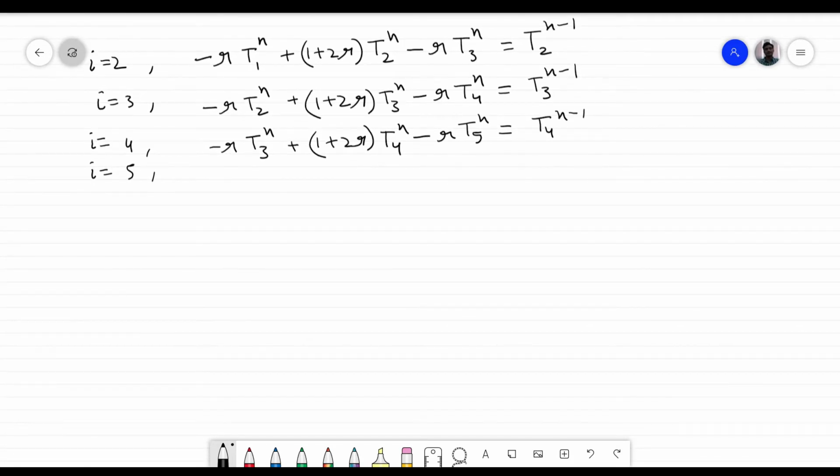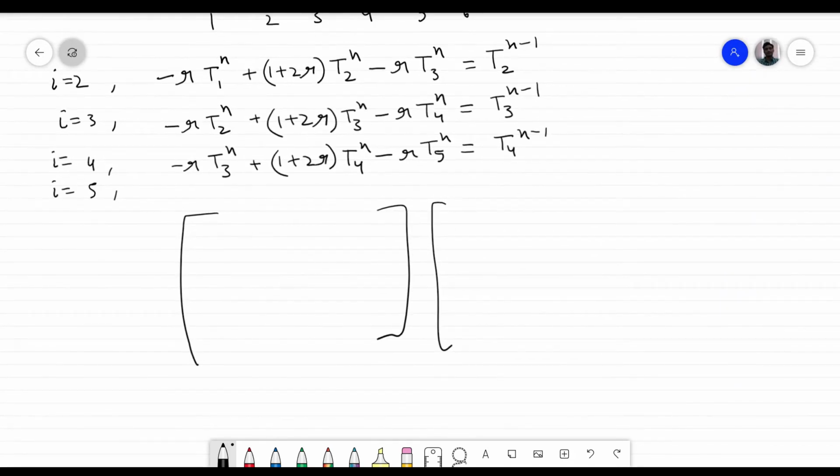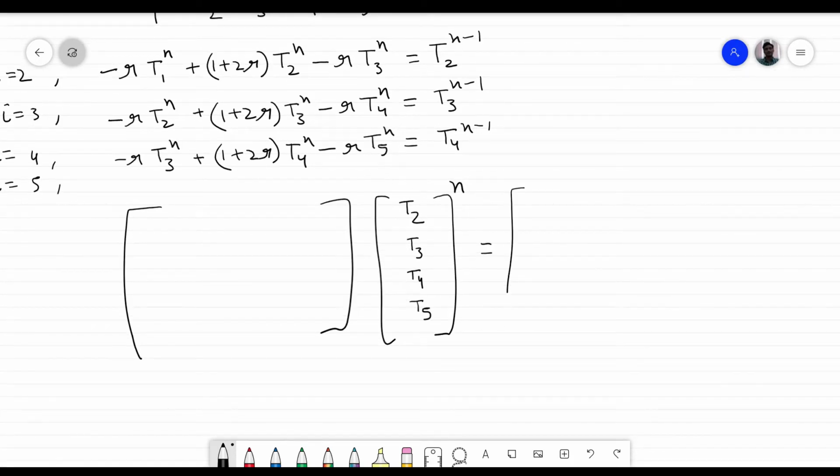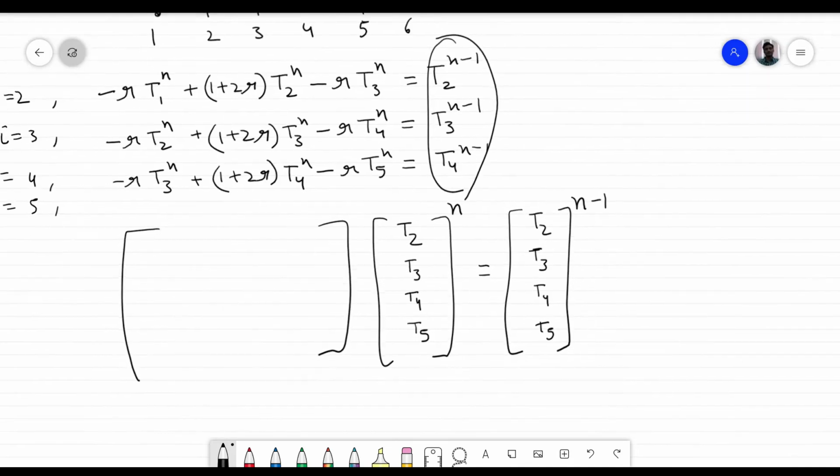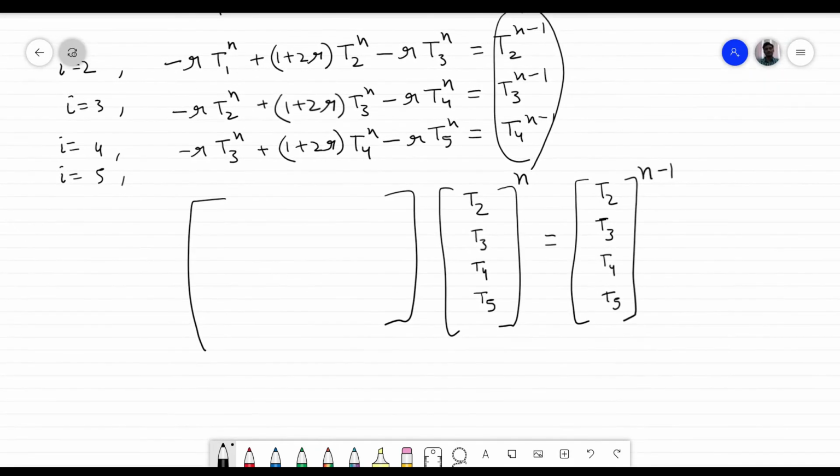Now if you remember the coefficient matrix that we wrote, let us try to write that matrix here. We know that these variables are T2, T3, T4 and T5 at n. And the right hand side similarly you can write directly. You can see here T2, T3, T4 and T5 at the previous time step n minus 1. What about the coefficient matrix?